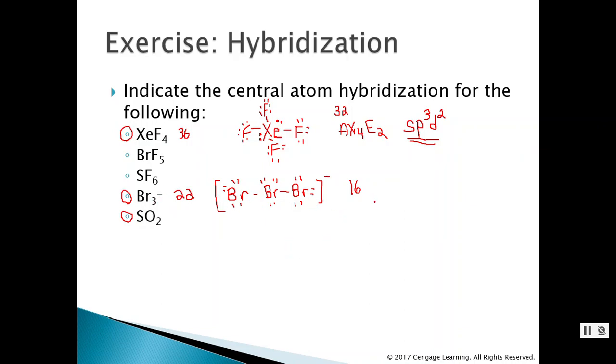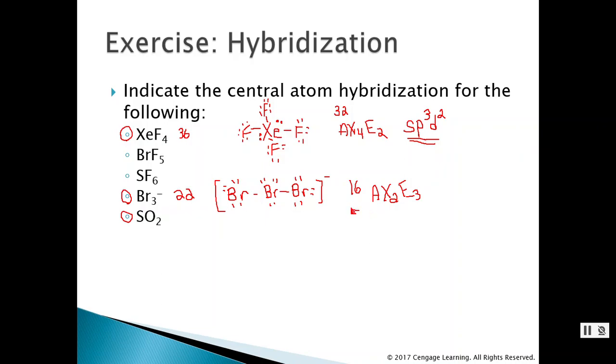I see that my central bromine has VSEPR notation AX2E3. So that central bromine has 5 electron domains. So I need to have 5 atomic orbitals hybridized to give me 5 hybrid orbitals.